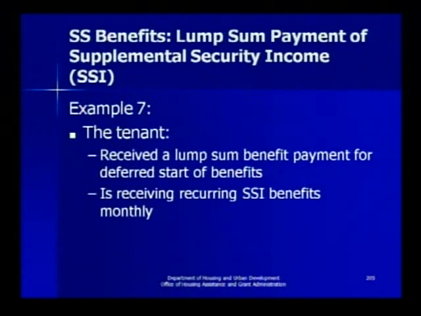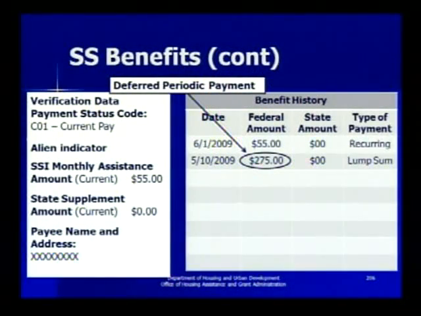In the next example, the tenant received a lump sum benefit payment for a deferred start of benefits, and they're now receiving recurring benefits monthly. So in this instance, you can see that they got a lump sum of $275, and now they're getting $55 a month on a regular recurring basis.